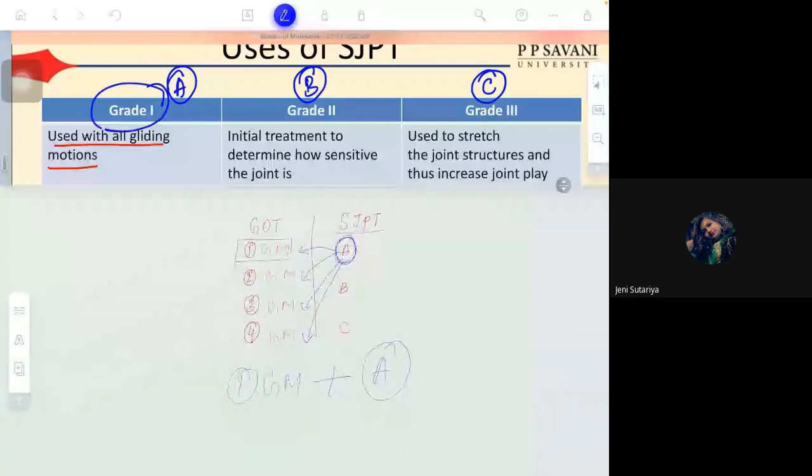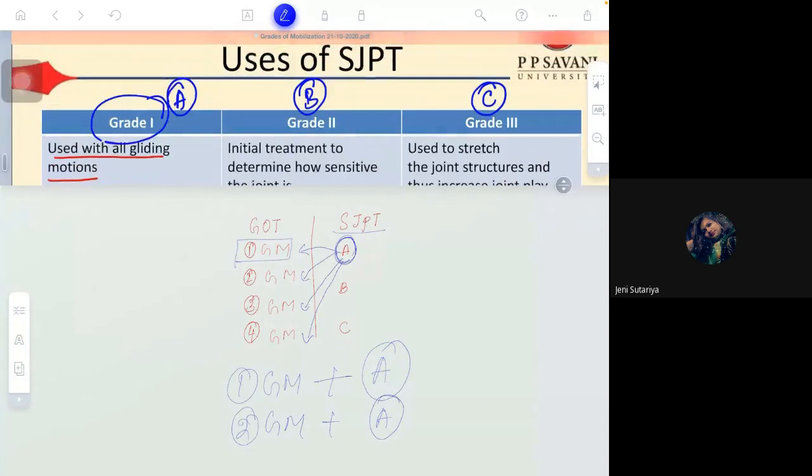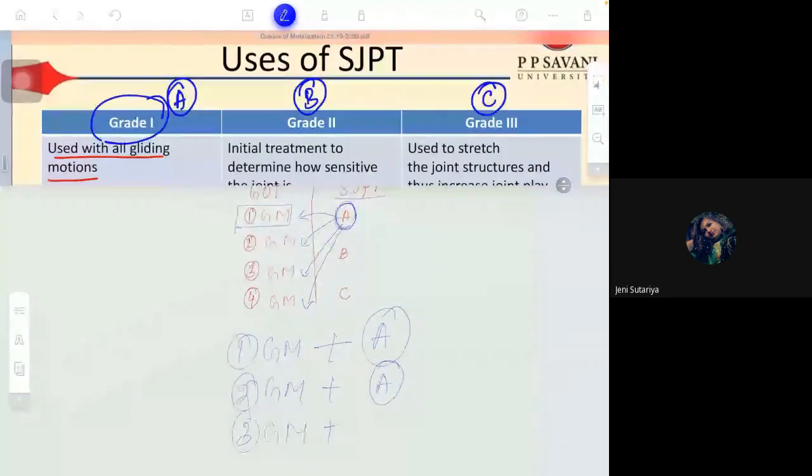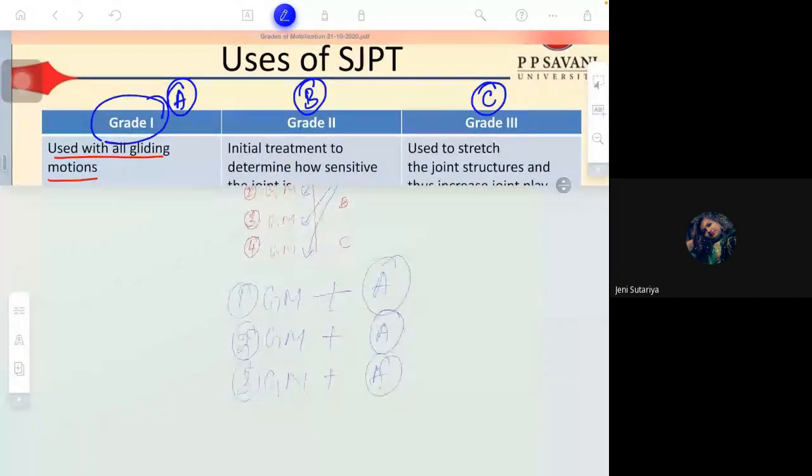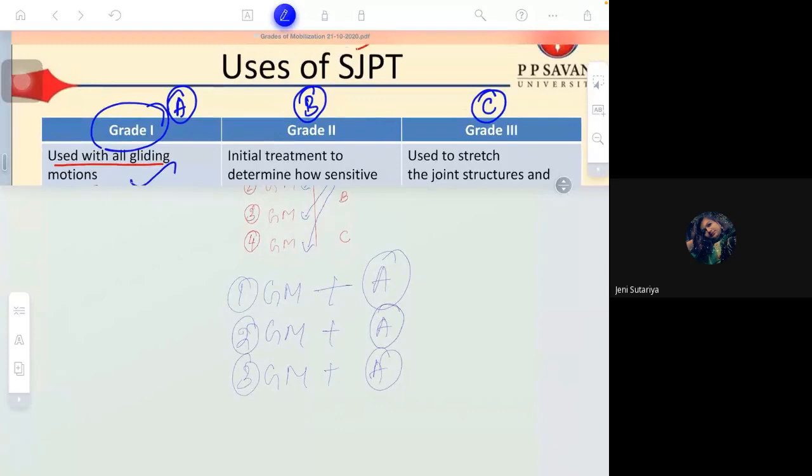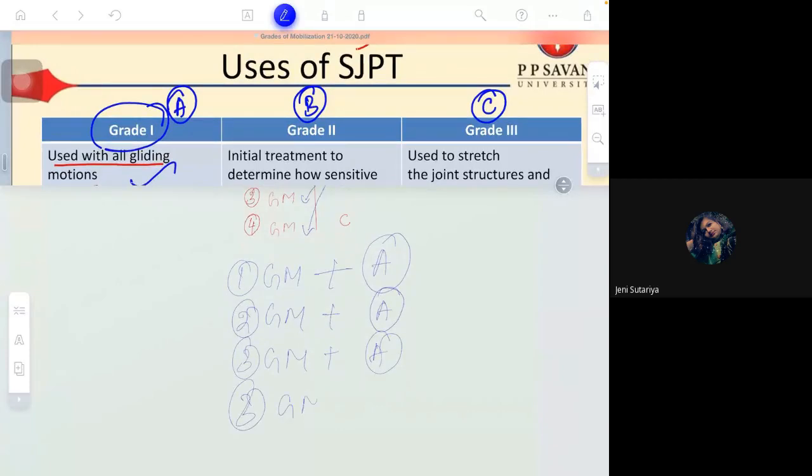If you want to do grade 2 mobilization, you will give it with grade 1 sustained joint play technique. If you want to give grade 3 mobilization, then also you have to use grade 1 sustained joint play. And grade 4 again you will give grade 1.